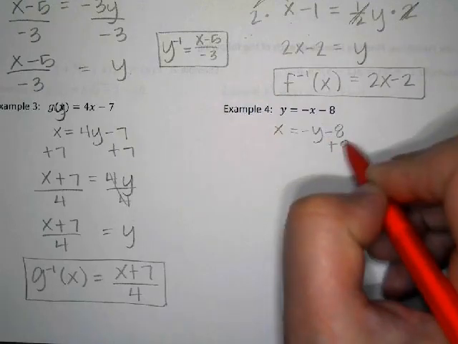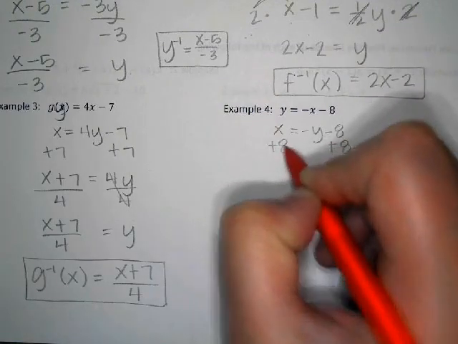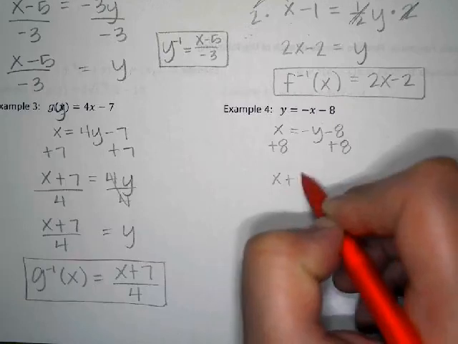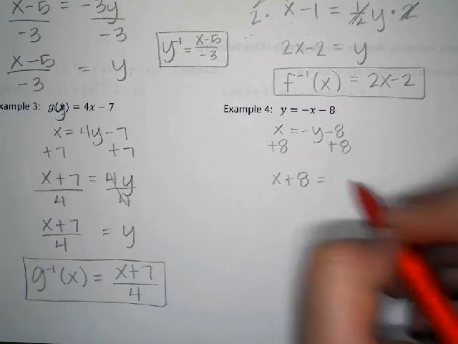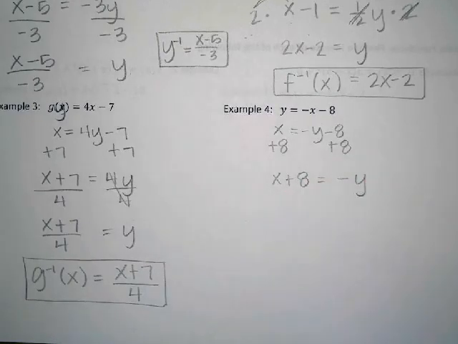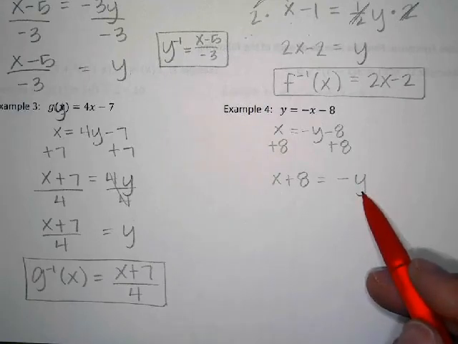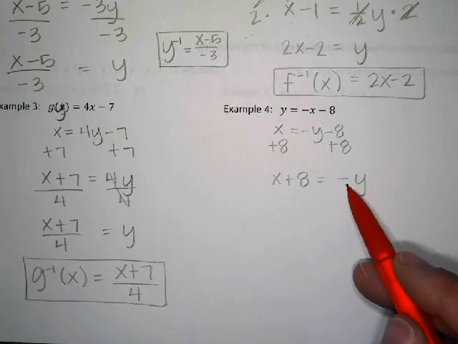So x plus 8 equals negative y. We want the y to be alone. So what are we going to do? It's almost alone. Divide by negative 1, because you don't want to have that negative there. So divide by negative 1.